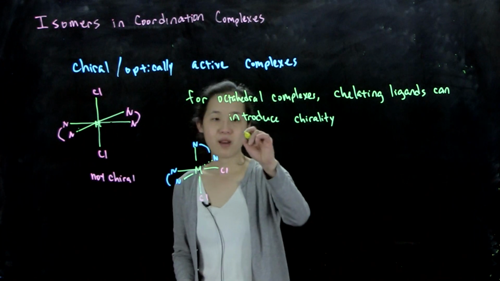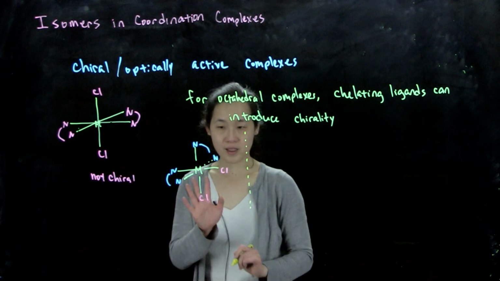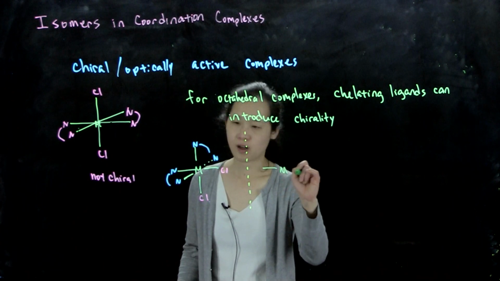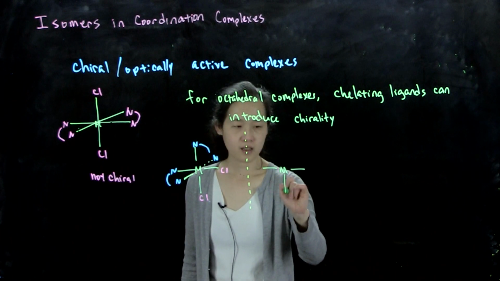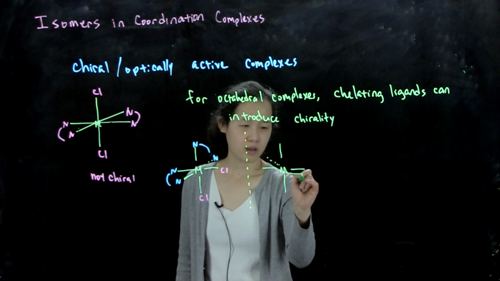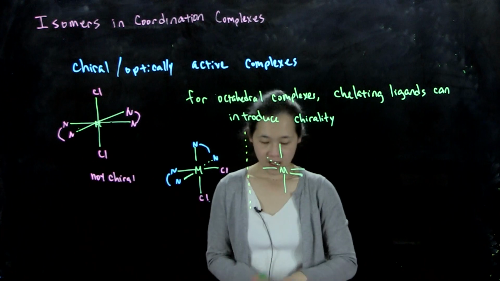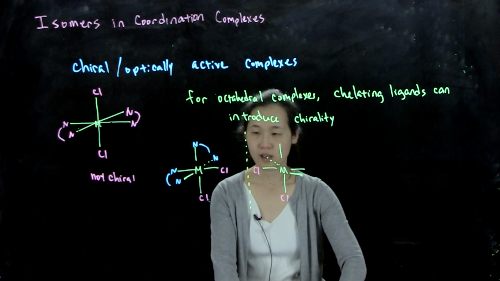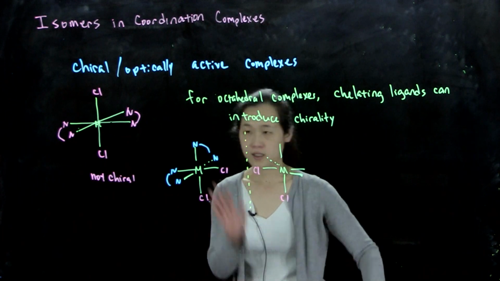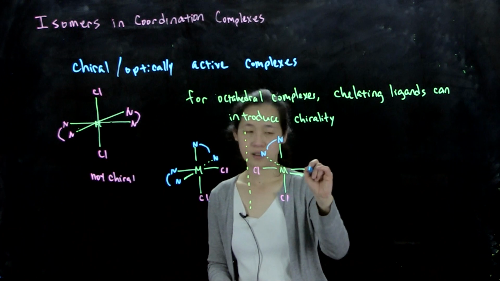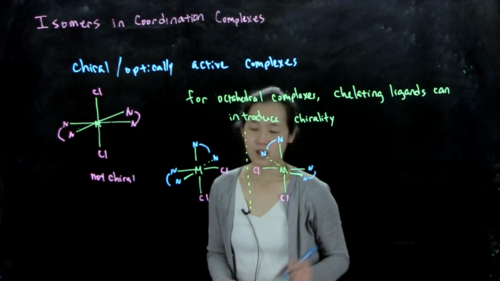So here's my mirror plane. We do the mirror plane this way, and let me redraw what's happening. OK, I've mirrored. Now let's draw where our atoms are. Here's our chlorides, and nitrogen's over here, here, here, and here.